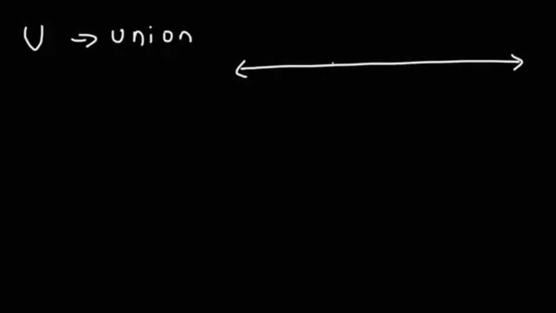Now the next symbol, which looks like a U, this symbol means union. Typically you're joining two things together. So let's say you have a number line and you need to find the domain of a function, which is a very common situation in math. And let's say the domain represents everything that's shaded in blue.